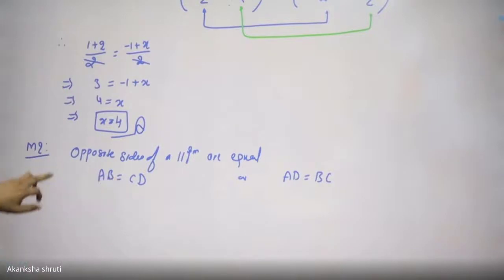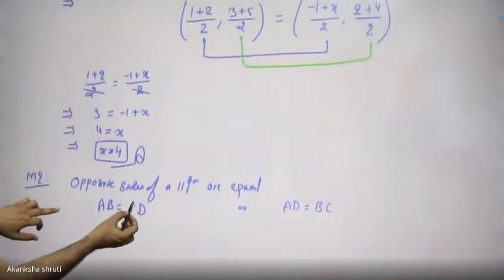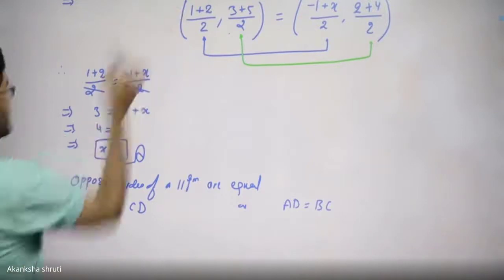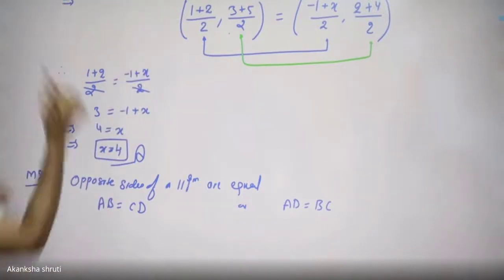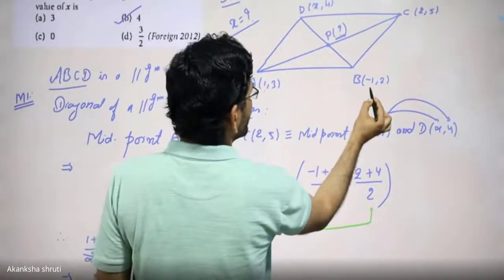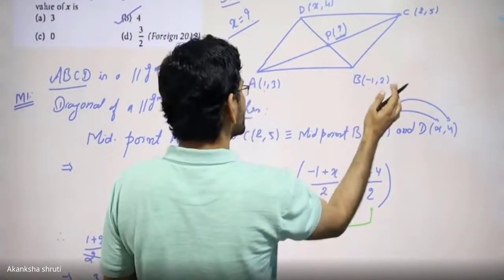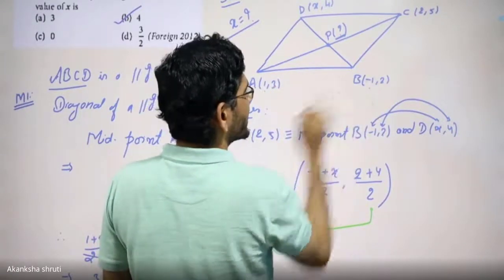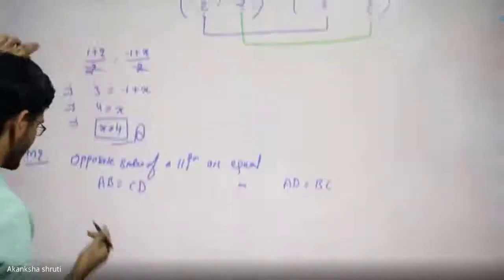Let us consider AB. How are AB and CD calculated? By using the distance formula. We are going to use the distance formula for AB. How is this? 1 minus of -1, their square, means 2 square, then 3 minus of 2, their square.